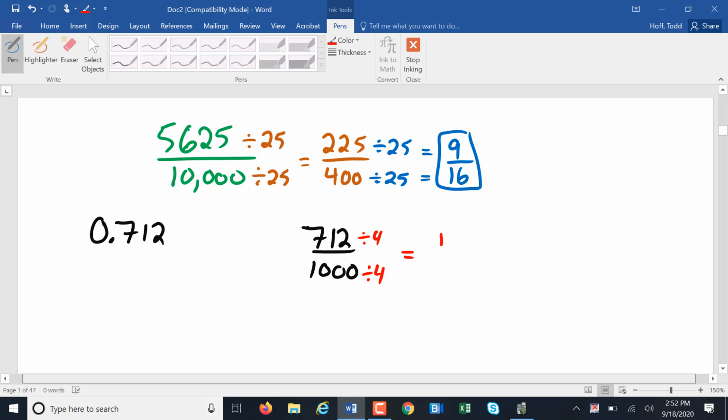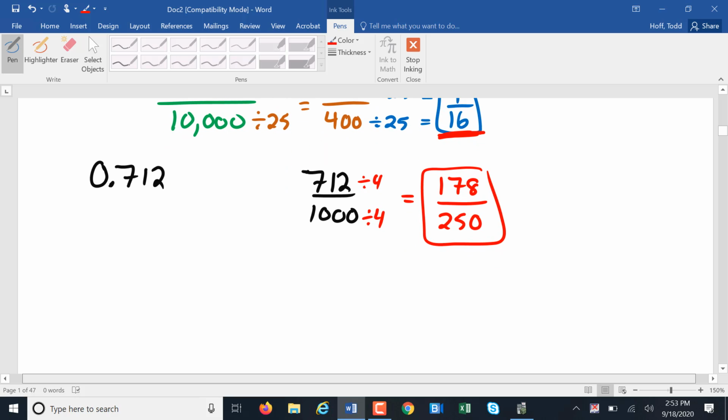Well, 712 divided by 4 is what? 178 over 1,000 divided by 4 is 250. Don't have that drill size in the toolkit, do we? In construction, we don't care about 250ths. We care about 16ths, 8ths, quarters, halves, 32nds, and 64ths if we want to get fairly precise. 250ths don't work for us.